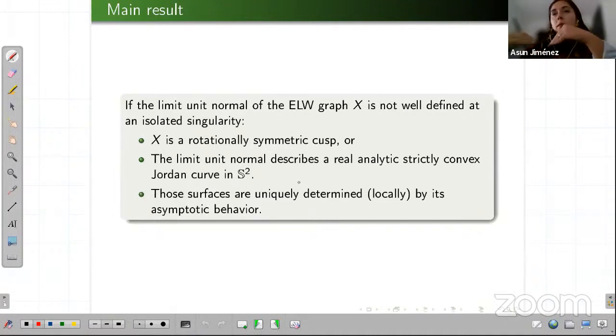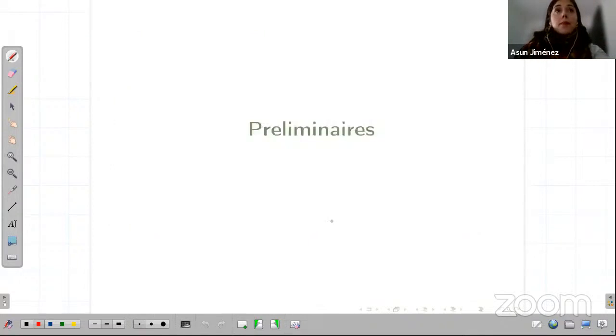That is, as I said before, you have a limit tangent cone which is strictly convex. And there is a one-to-one correspondence between the equator, that is the curve that describes the Gaussian map when you have a cusp, and this family of strictly convex Jordan curves, and the surfaces. So you also have this one-to-one correspondence in our case.